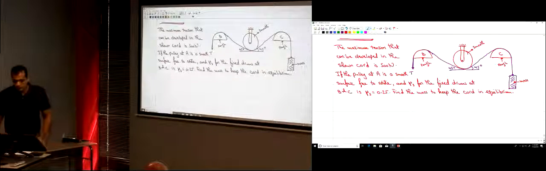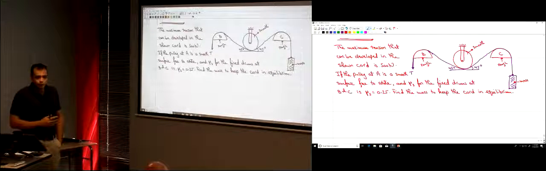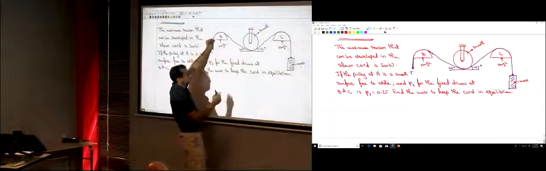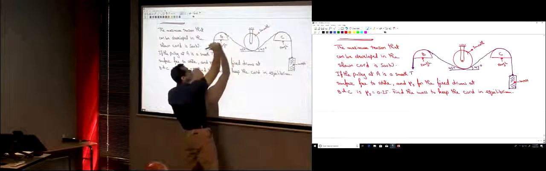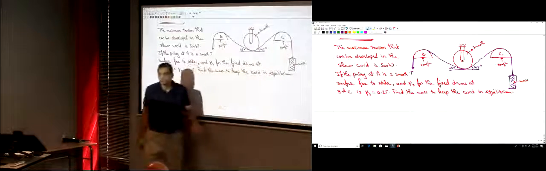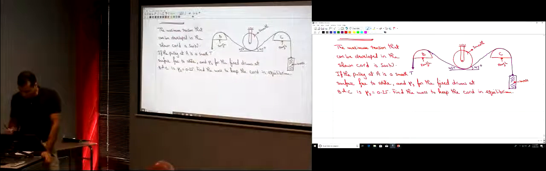Okay. So in this problem, what's the direction of the impending motion? We're pulling from here, right? So this way. So the cable wants to move in this direction, right? So let's copy this.